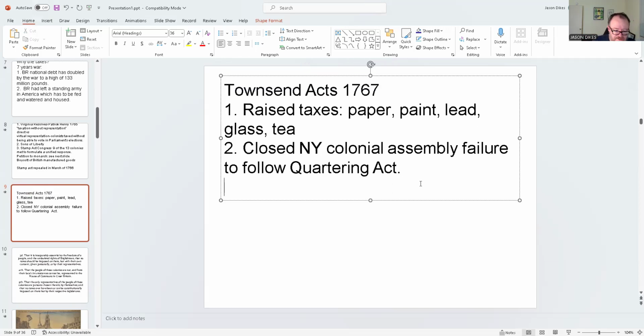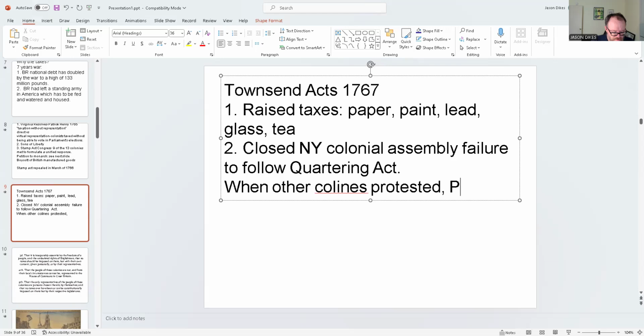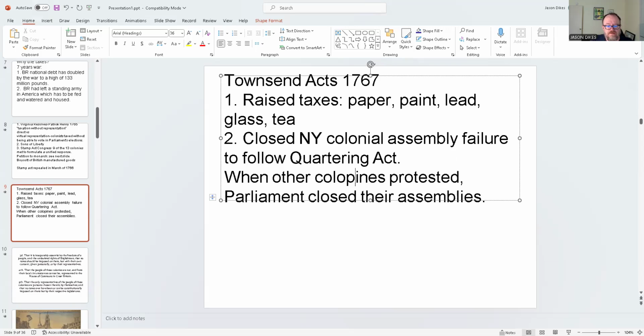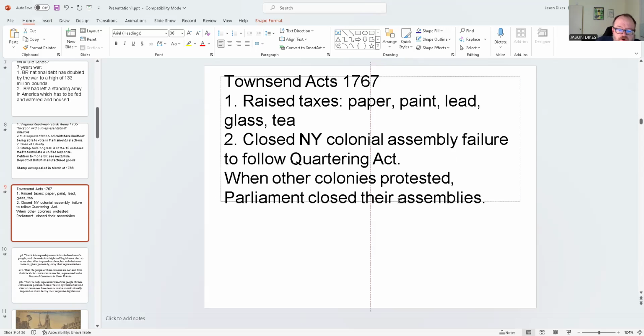When other colonies protested, Parliament closed their assemblies. And that is a huge, huge mistake. Remember, the colonial assembly is the only part of government that the colonists have any control over.